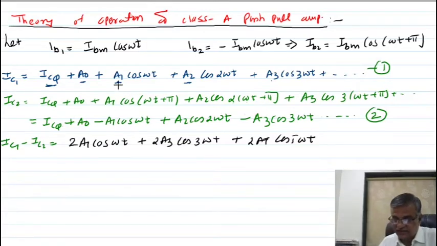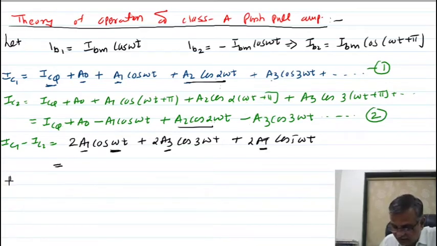You can see here this term is cancelled. 1 minus 2, this term is cancelled. So second order harmonic is cancelled. So I can say output voltage having how much harmonic? Fundamental frequency, third harmonic, fifth harmonic. So you can say harmonic distortion is cancelled.